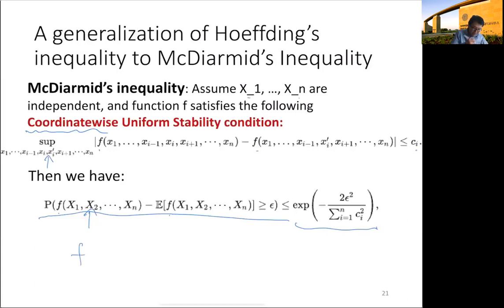We are going to be taking this f to be p hat minus p in some norm. So this is how we're going to be using this. And why is this the form of f as a function of x1 to xn?